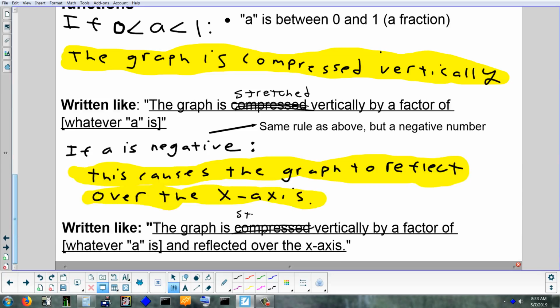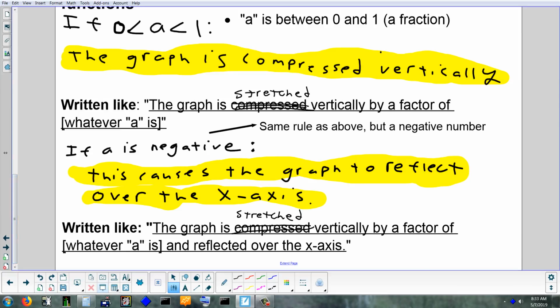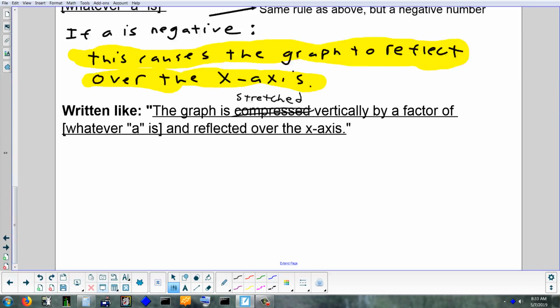If it's negative, we never want to say it's stretched by a negative number. By saying it's reflected, that takes care of the negative part. If you write on the test stretched vertically by a factor of negative 1/2, that's not going to get marked right. If it was negative 1/2, you'd say what Mr. Roy just said, and what's written right here.